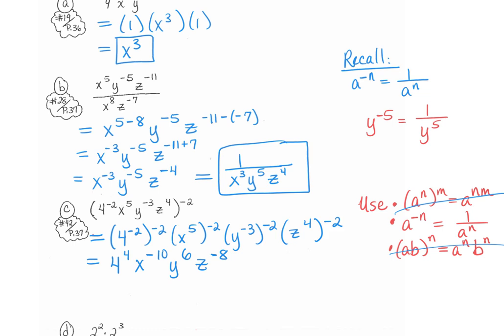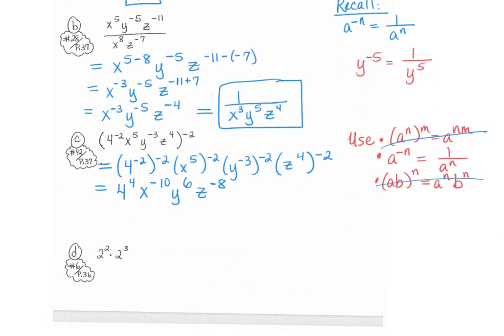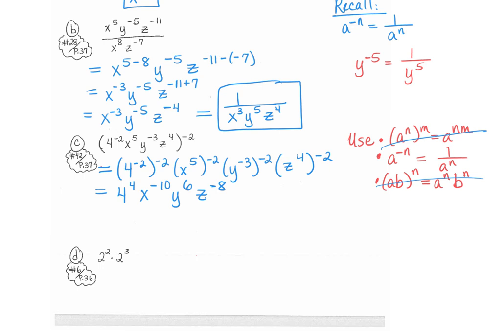Now what? Use the other operation to make sure the exponent is positive. Okay, go. What do we have? We can do x to the negative 10 first. What's happening to the rest of the terms? So what happens to 4 raised to the 4th?